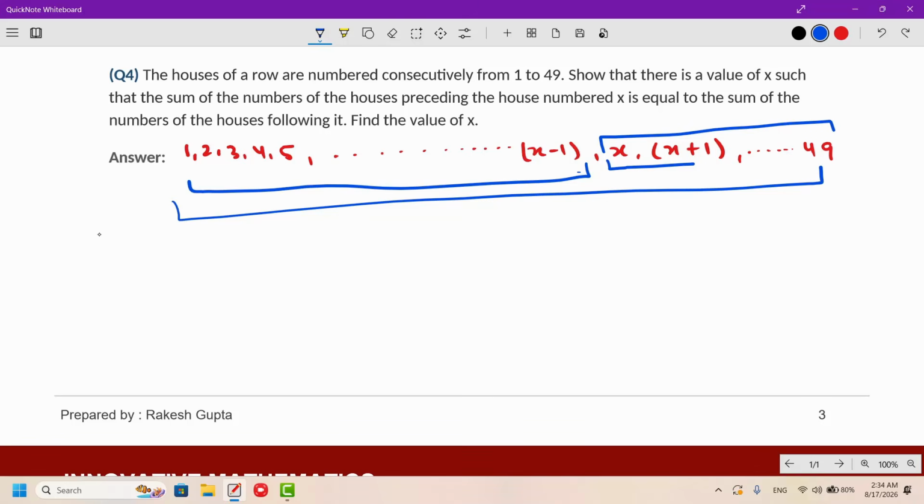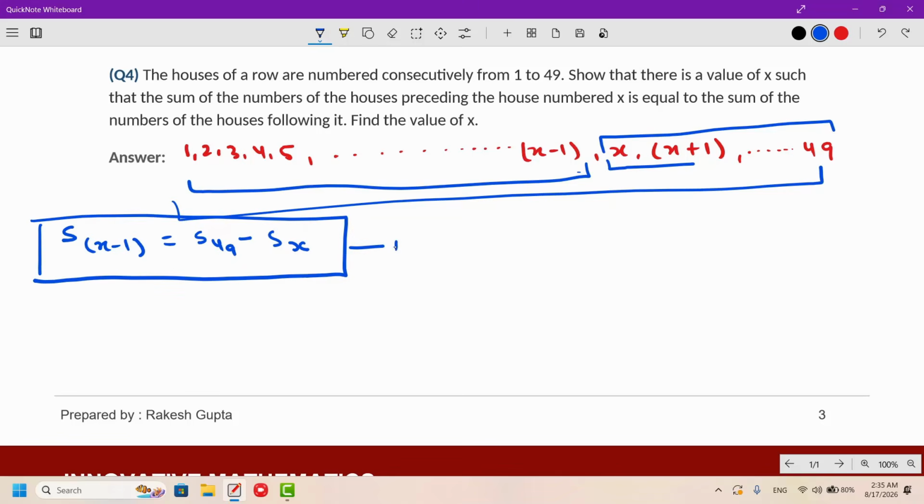I am talking about the sum of x minus 1 terms is equal to the sum of 49 minus the sum of x terms, right? Sum of x minus 1 is equal to what? S(x minus 1) equals S49 minus Sx. So let's start. This one is your equation 1.